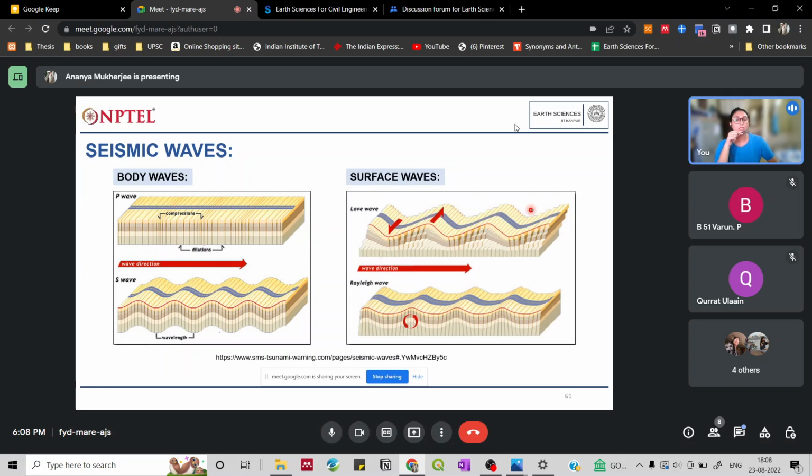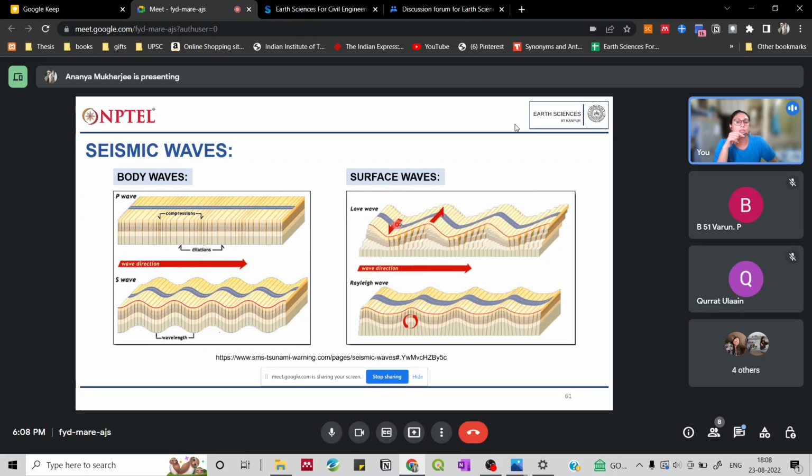Surface waves essentially propagate closer to the focus of the earthquake. If you have very deep earthquakes, these surface waves cannot reach the surface. They attenuate, that is, they slowly degrade as they travel from the focus of the earthquake.